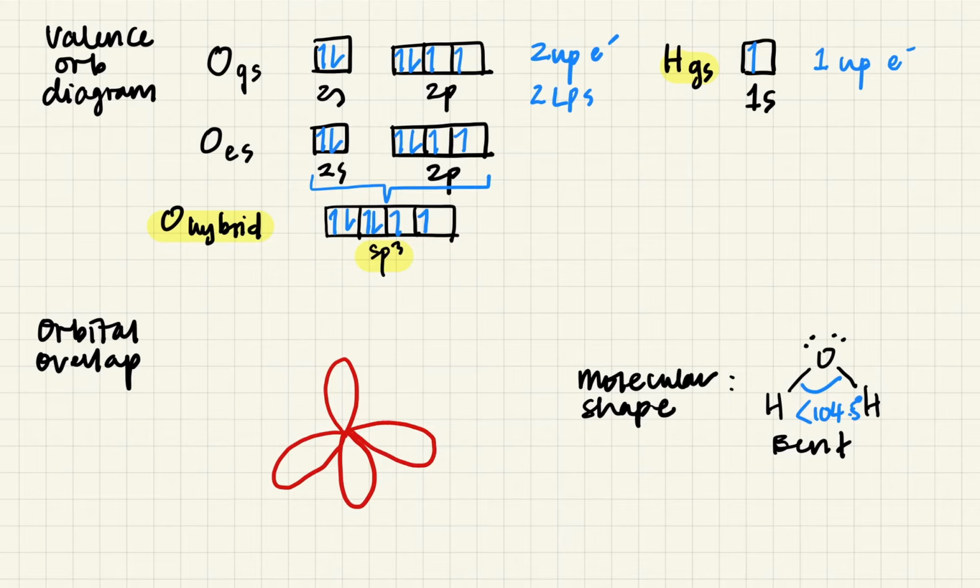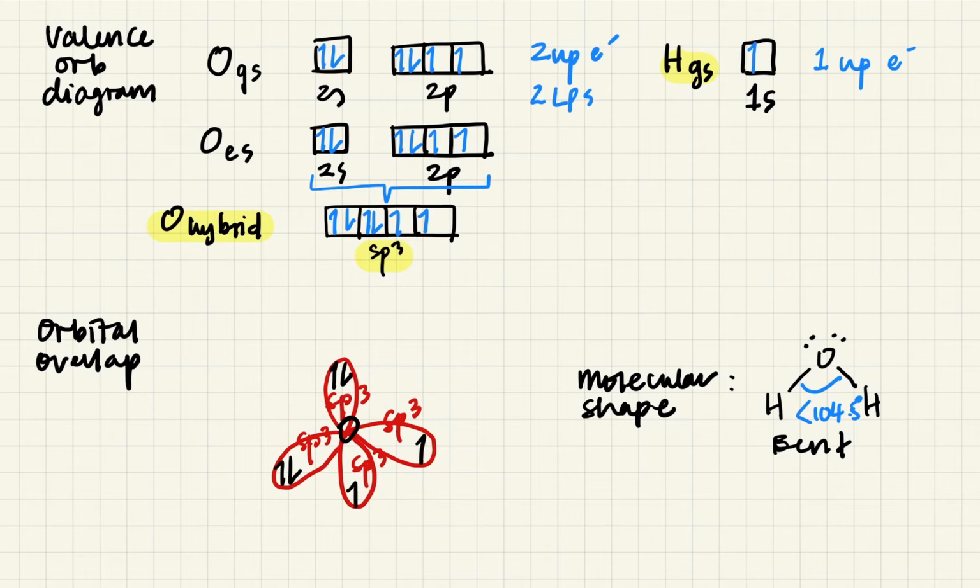Then you're going to label each of the orbitals with its name, sp3. Okay? And what atom? Oxygen. So you're going to have 2 lone pairs and 2 unpaired electrons. Okay, so just fill in your lone pair first, and then your unpaired electron.